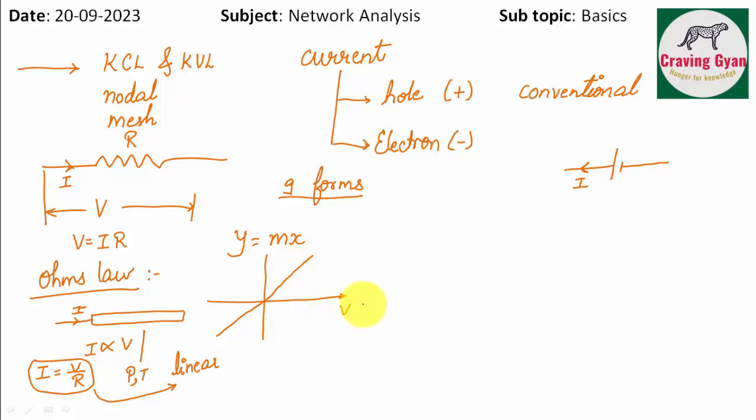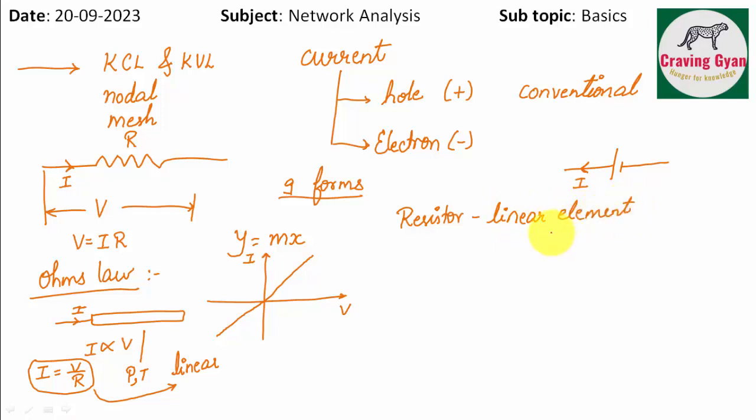On the x-axis I will take voltage, and on the y-axis I will plot current. If I increase the value of voltage, there will be a sufficient increase in current also. Any incremental change in voltage will have an incremental change in current. So can I tell the resistor to be a linear element? The resistor is a linear element.